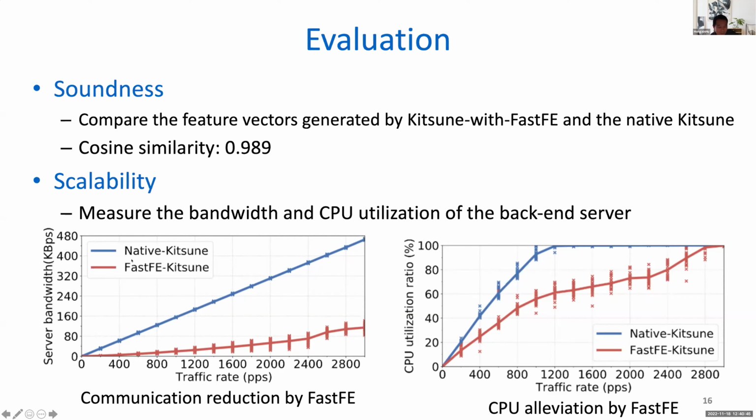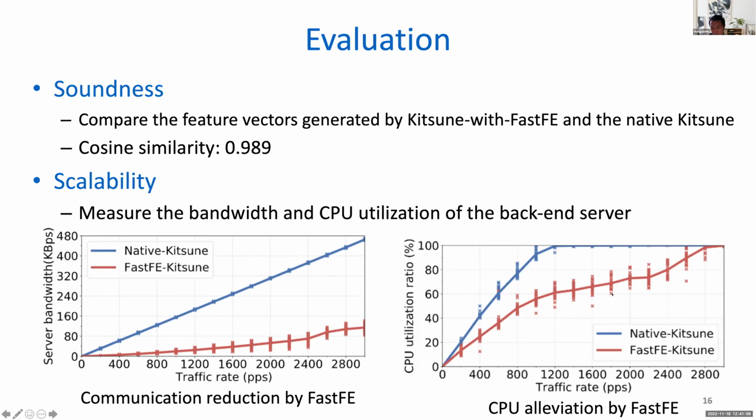With native Kitsune, if the traffic rate increases, the server bandwidth overhead increases a lot. But using FastFE with Kitsune, the overhead can be reduced a lot. This is one evaluation.